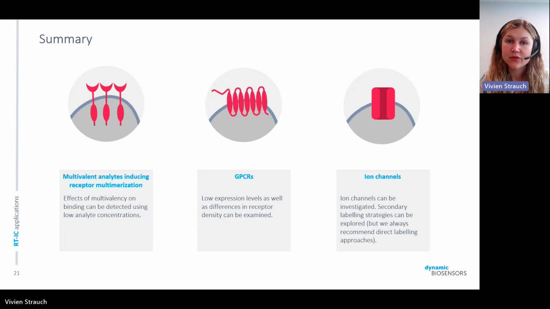And the second example showed you how to examine GPCRs, even if they are very lowly expressed, and how to also differentiate different cell lines with different expression levels. And in the final example, we were investigating ion channels as well as secondary labeling strategies, although we would always recommend, of course, to use the direct labeling strategies.